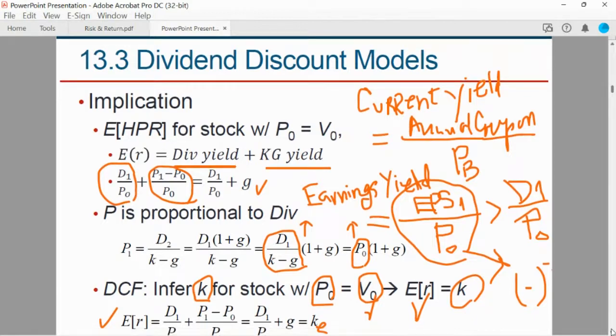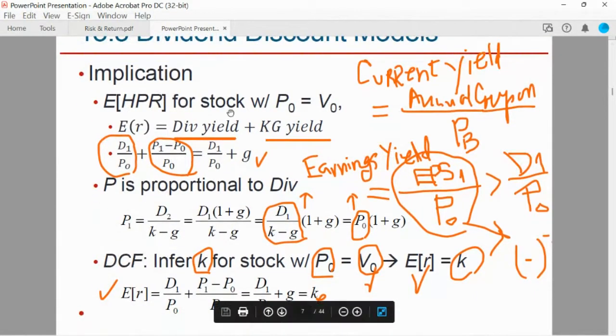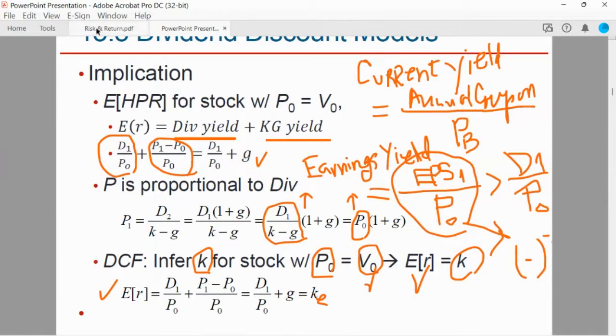So now you see the expected return, here specifically the expected holding period return for a stock in equilibrium, right? It is only when it is in equilibrium that the market price is equal to the intrinsic value, right? And then the expected return, right?